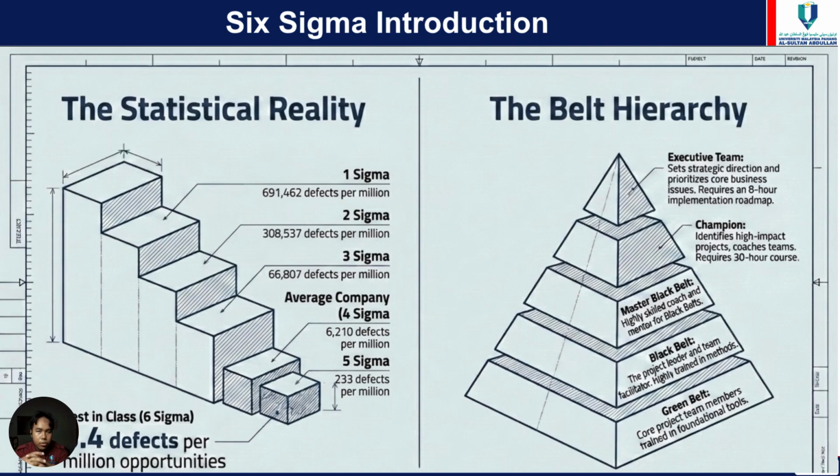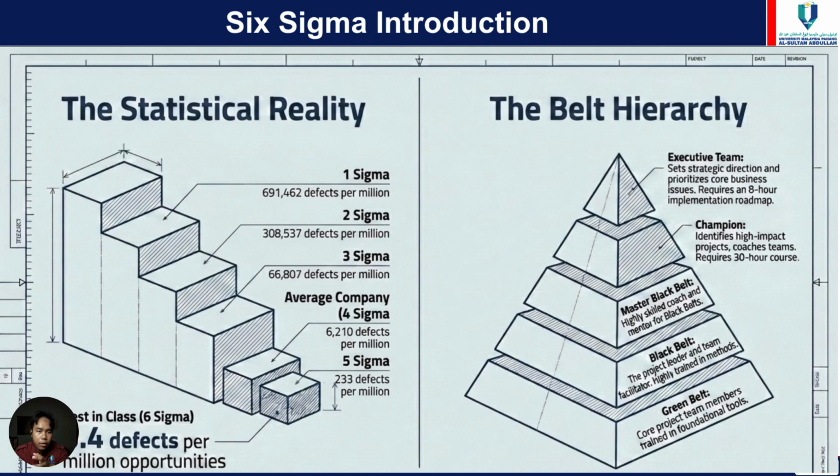And there is also the belt hierarchy, where when we learn Six Sigma, we start with green belt, where the core project team members are trained in foundational tools, and then we go up to black belt, the project leader and team facilitator highly trained in methods, and then we move to master black belt, a highly skilled coach and mentor for black belts, and then champion, where we are able to identify high impact projects and coach teams, which requires a 30-hour course.